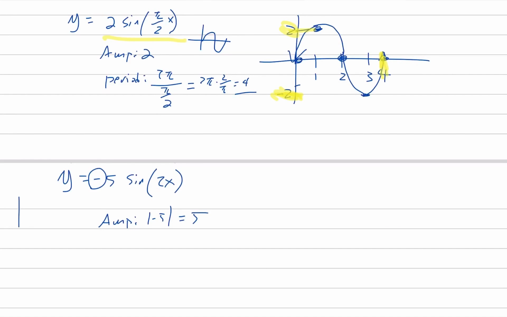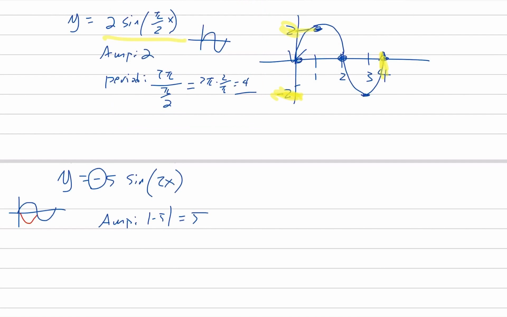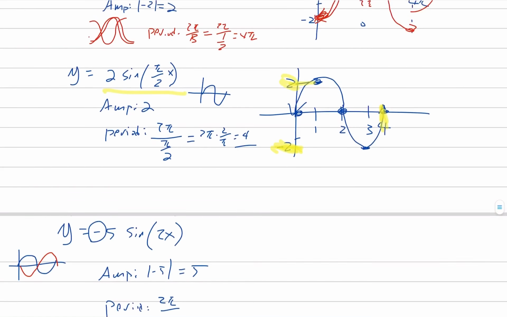So this is the generic graph of sine, but negative means that the graph will now look this shape because it reflects over the x-axis. And period is 2 pi over 2, which gives me pi.